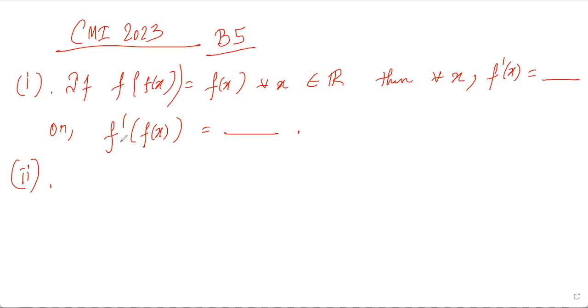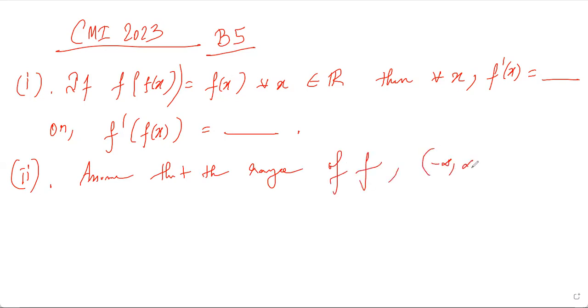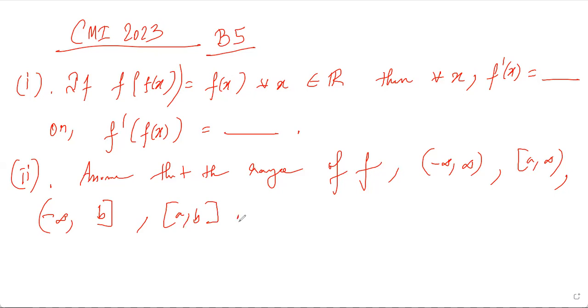The second part says that we have to assume that the range of f is one of these forms: from minus infinity to infinity, or closed a to infinity, or negative infinity to b closed, or closed and bounded a b.